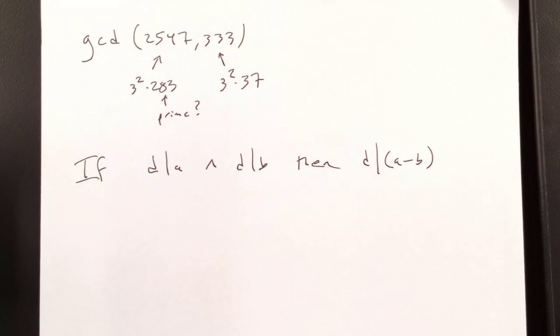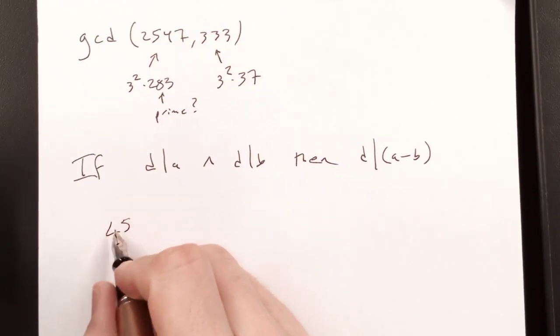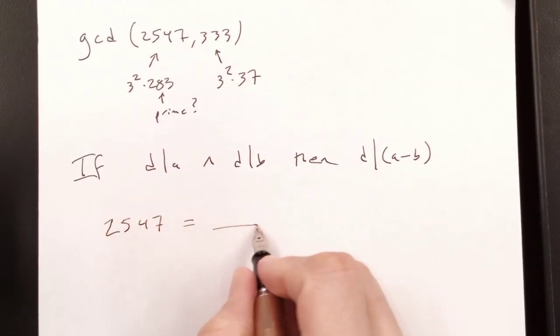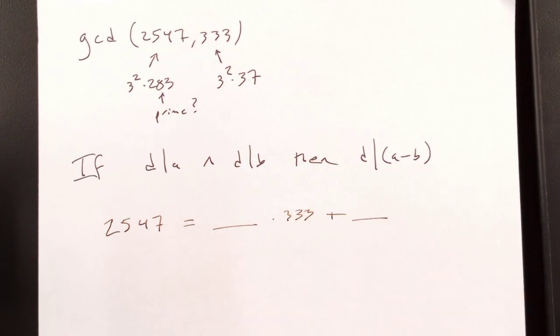Give me a quotient and a remainder. What you got?